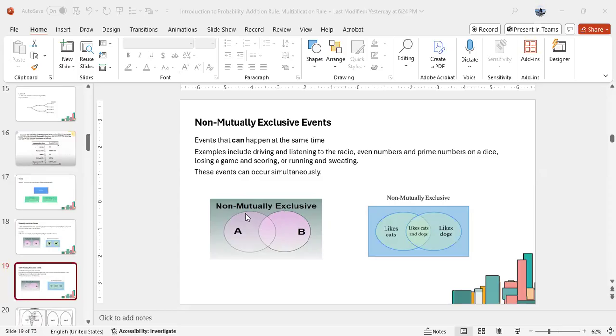For non-mutually exclusive events, here you can see that this is an event A, this is an event B, and this is the shared space of both event A and B, where both of these events occur together. Similarly, these are the people who like cats. This circle represents people who like dogs, and this shared space includes individuals who like both cats and dogs. So mutually exclusive events cannot happen together, and non-mutually exclusive events can happen together.